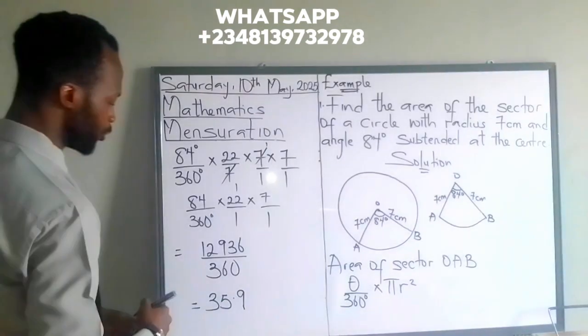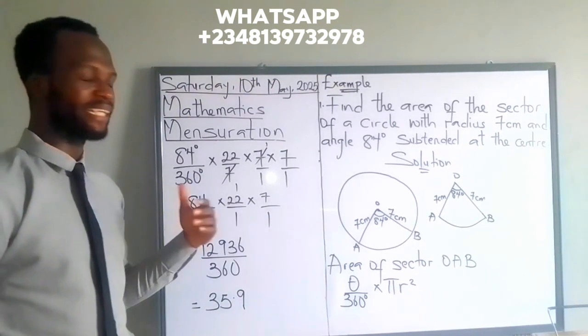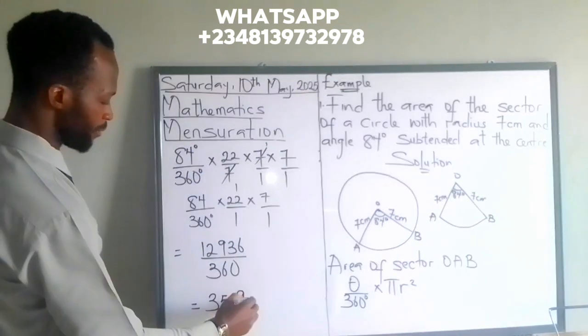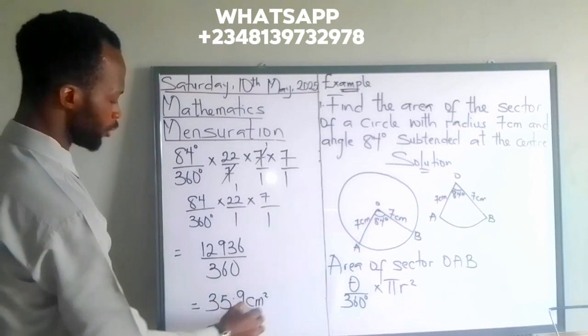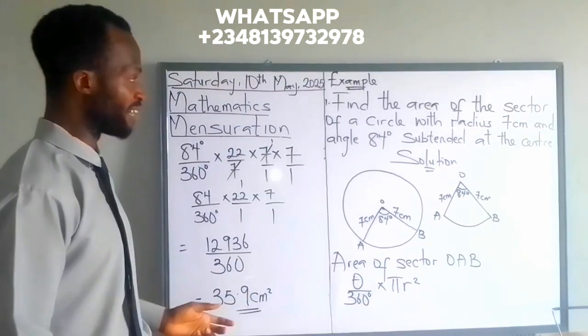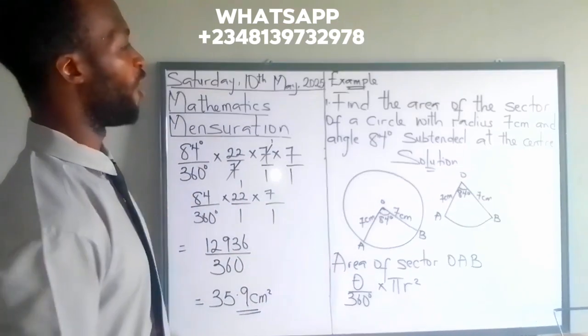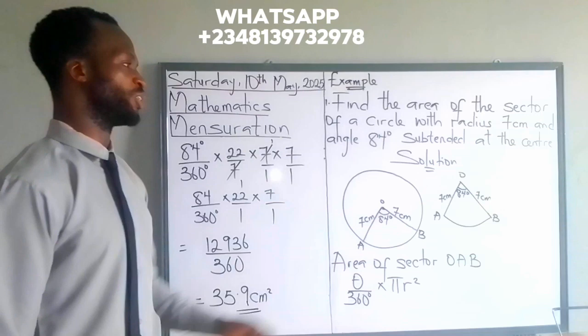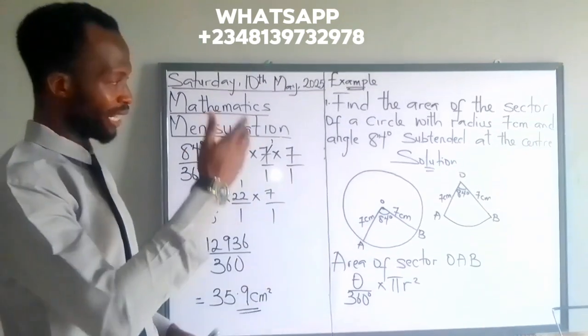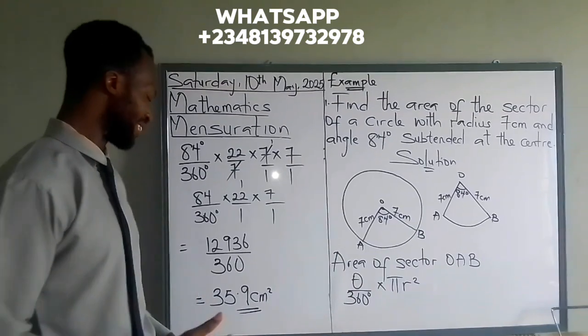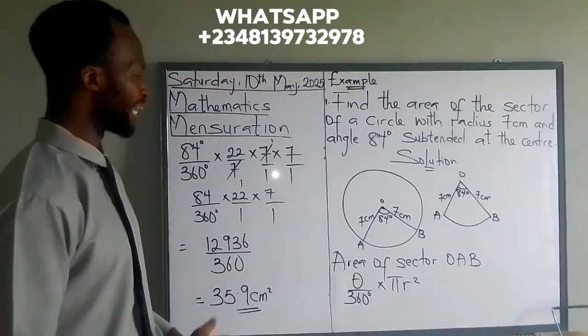Now take note of the unit. Because we are calculating area, the unit will be a square unit. Therefore, the area of the sector of a circle with radius 7 centimeters, with an angle of 84 degrees subtended at the center, is 35.9 centimeters squared.